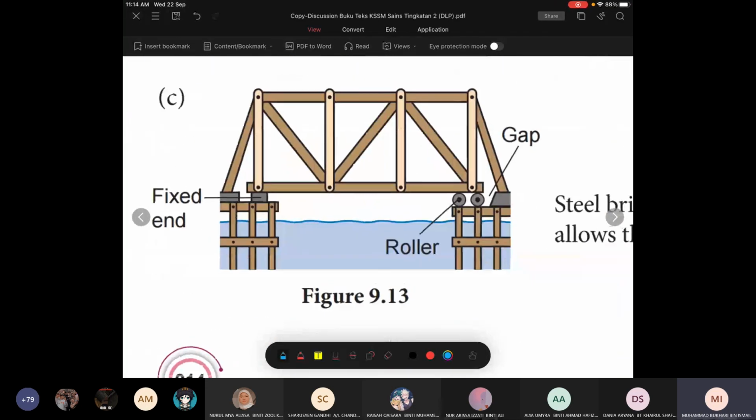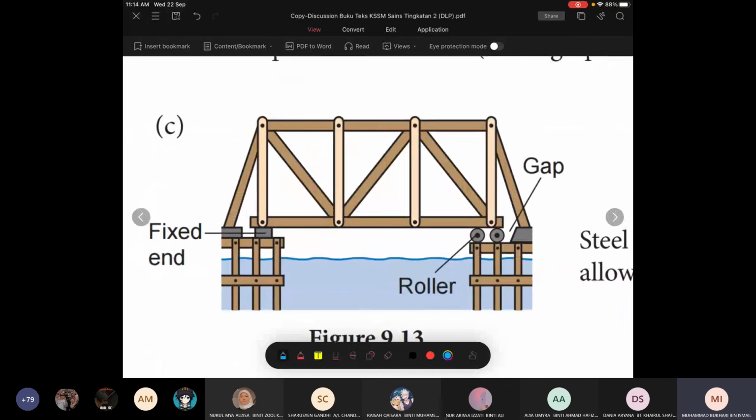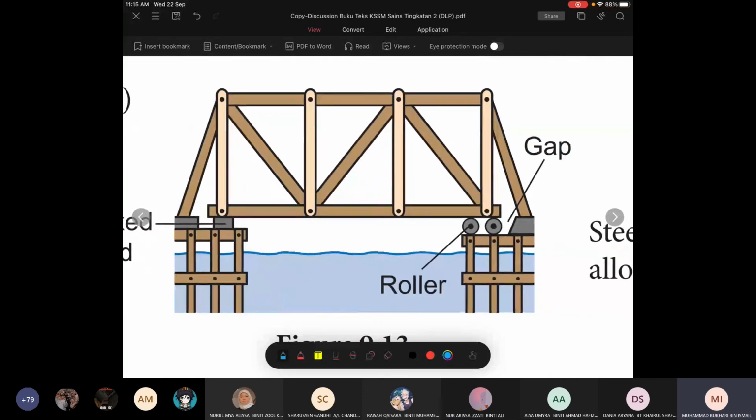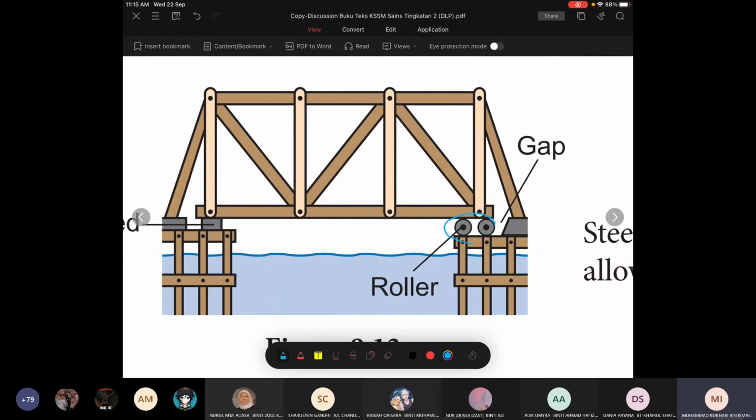And then this is the bridge. Okay, you have learned this also in the video just now. We have rollers at the bottom here. What is the purpose of the roller? Can you tell me? When the temperature is cool, it will contract. So what does the roller do?